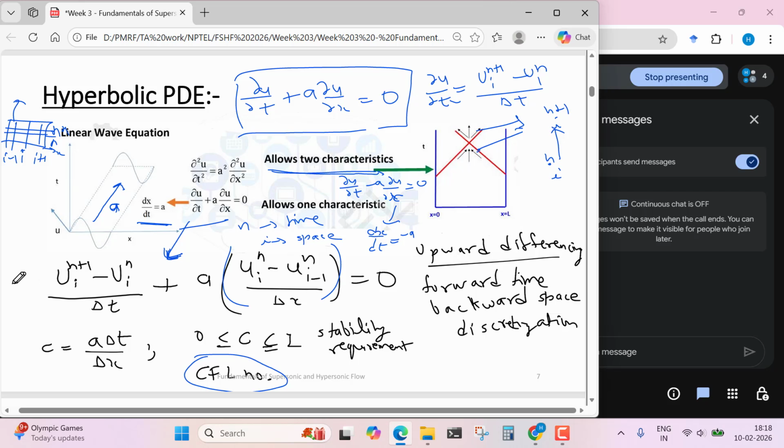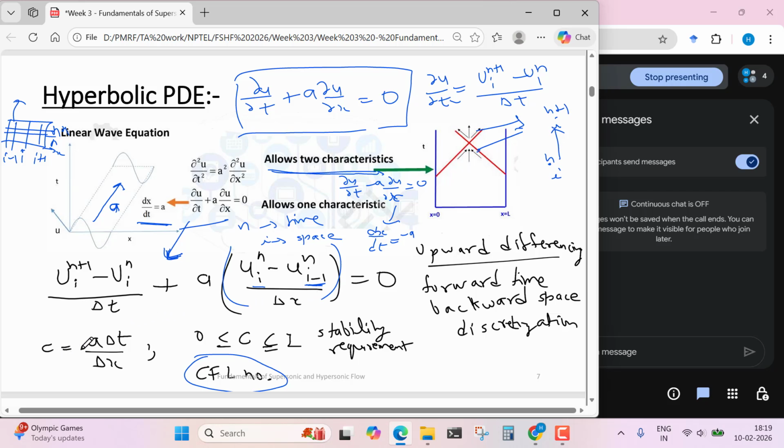That's why it is forward time discretization. Plus a (u_i^n − u_{i−1}^n)/Δx equal to 0. Here we are moving backward in space for discretization, so it is backward space discretization. Here n is for time and i for space.